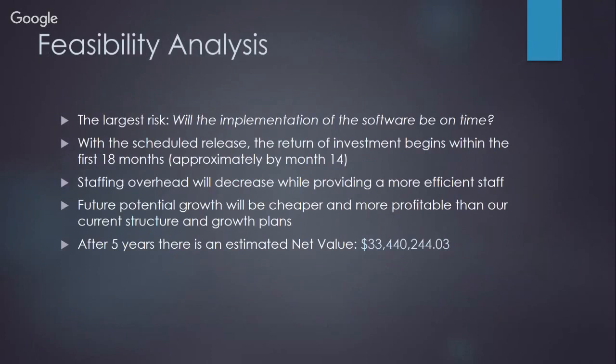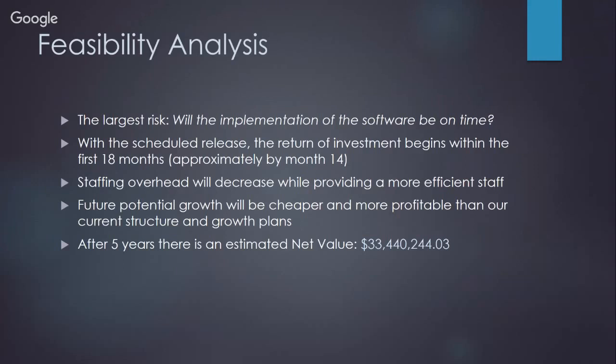So my feasibility analysis on this is that the largest risk we would face is actually on deadlines. So big question is, will the implementation of the software be on time? If it's not, then we'd be in the red longer, and obviously we do not want that. Typical 12 months to 18 months is pretty standard for return on investment.